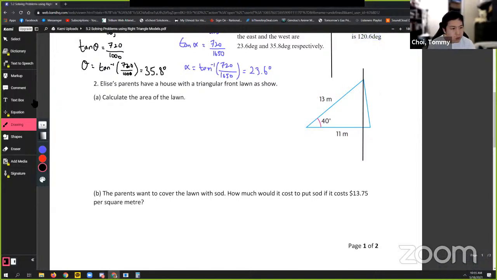So if I draw this vertical line straight down and make this kind of 90-degree angle right here, we can get a right angle triangle.